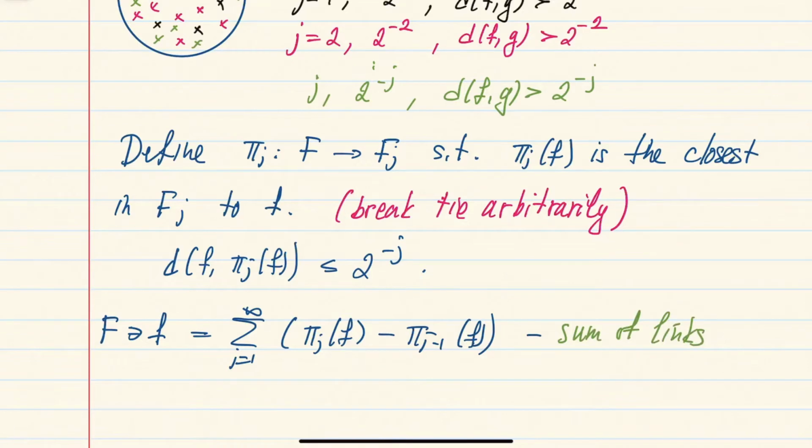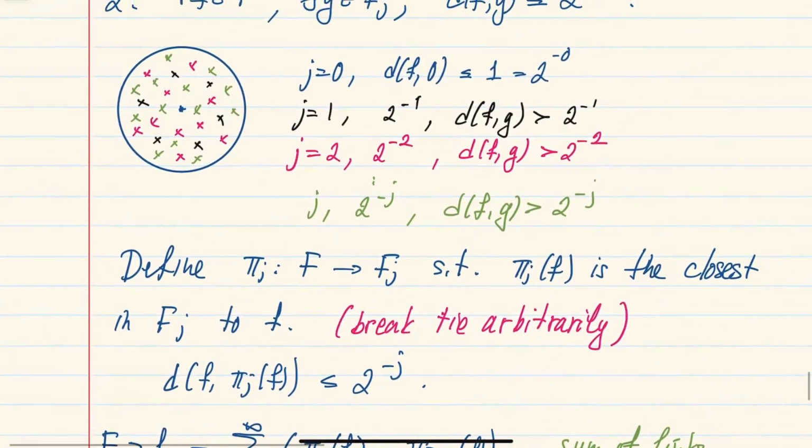Okay, and the basic point here is that if you have some point given by this yellow dot here in your metric space or in your subset, you start with 0 and then you find the closest point at the scale 1/2, and you look at the difference, the increment between these two vectors. Then you find the closest point at the next scale and you look at the difference of these two vectors.